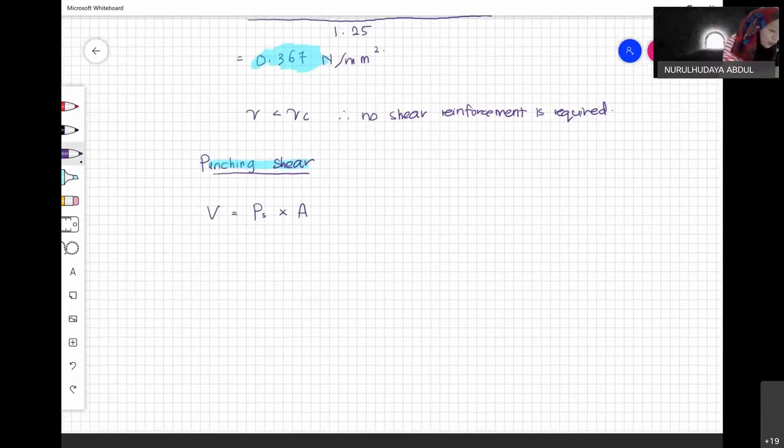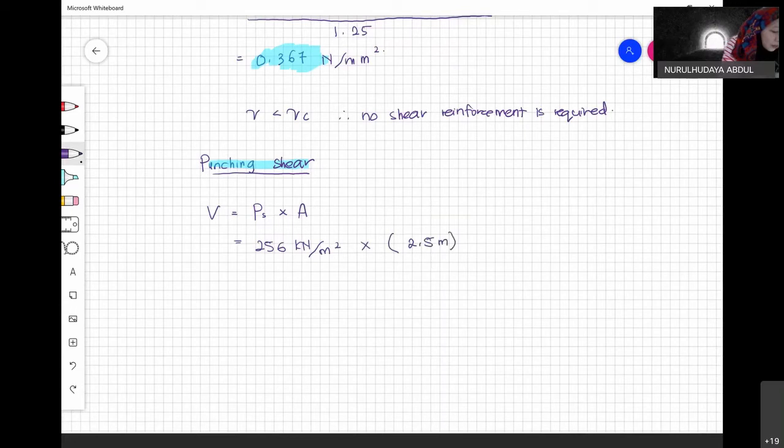So 256, kita tulis dulu, kilonewton per meter square. Okay, you punya PS. Okay, darab dengan, so area pad footing is 2.5 meter.